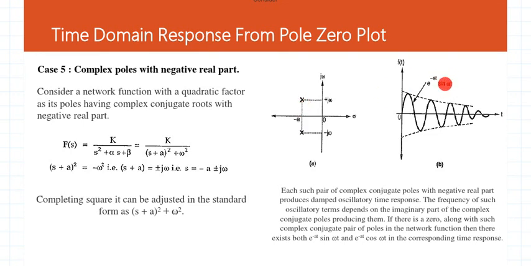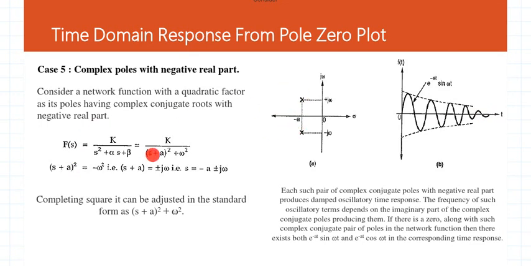Since these poles are located in the left half of the S-plane, indicating the stable region of the system, this sinusoidal waveform is decreasing in magnitude with respect to time.